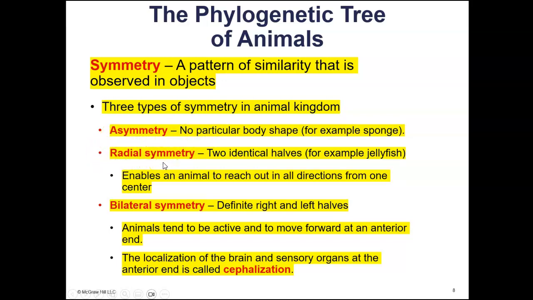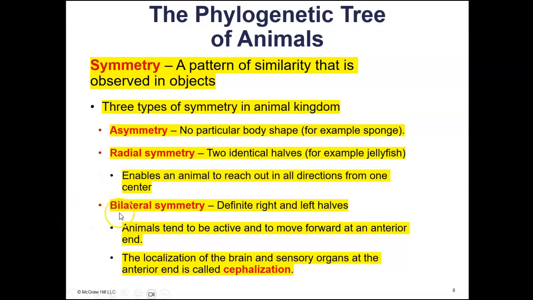Then we have animals that have radial symmetry. So you can make a longitudinal cut through the entire animal in several different directions and get two identical halves. So a jellyfish has radial symmetry.